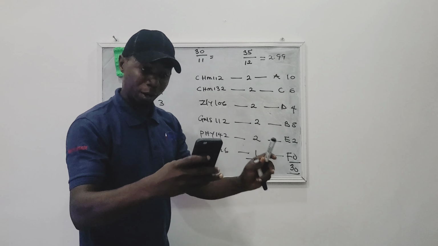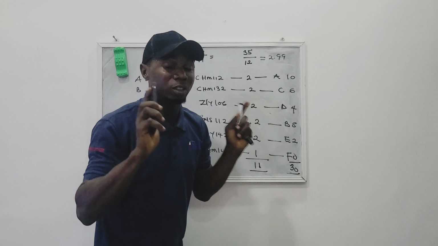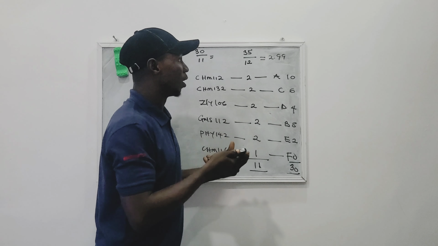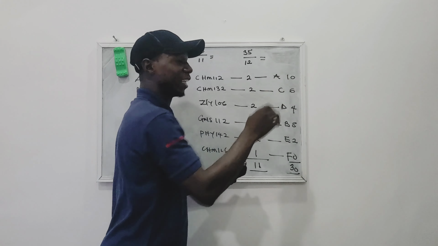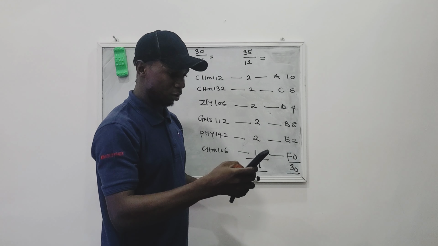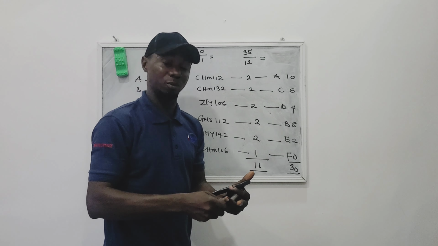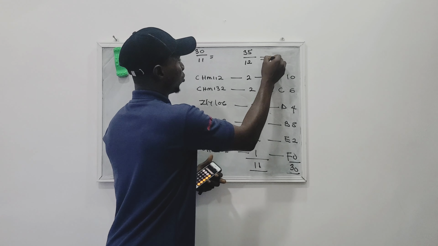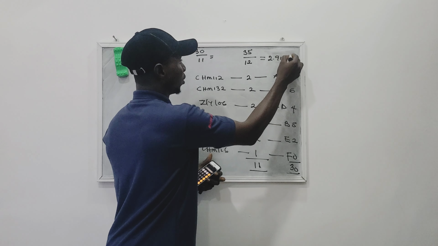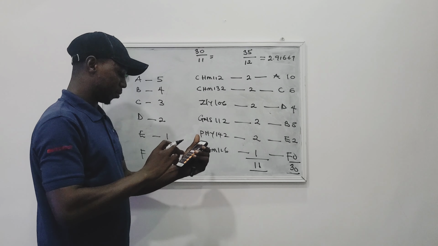Let's do it the proper way so that you understand. When you are calculating GP, you don't round up figures. You write it as it is. So this is like 35 divided by 12. This is giving us 2.916667. Okay. 30 divided by 11.